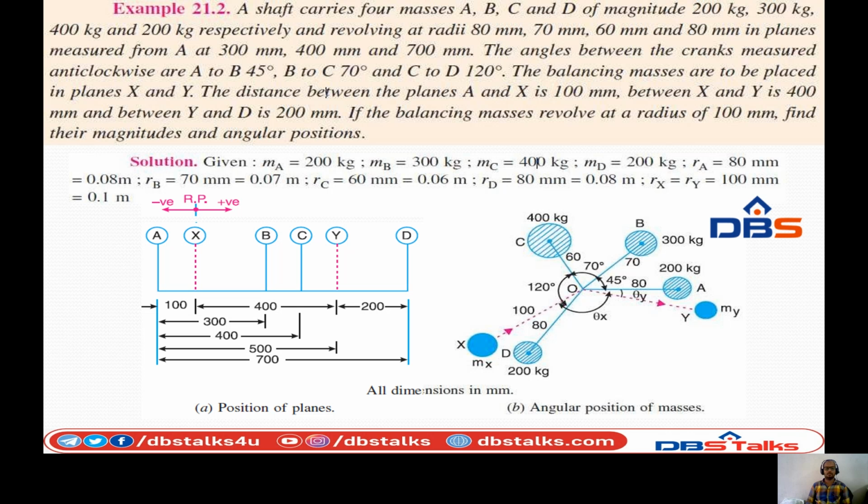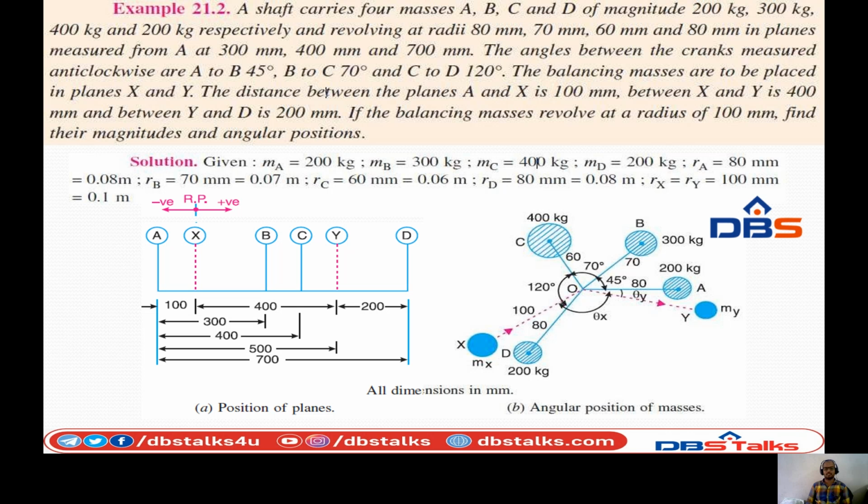Up to now we have noted down the given data. Then the remaining data is represented with the angles between the cranks measured anti-clockwise: A to B angle is 45 degrees, and B to C it is 70.